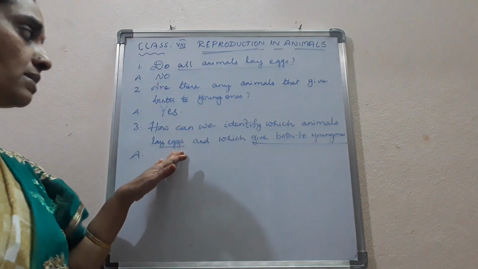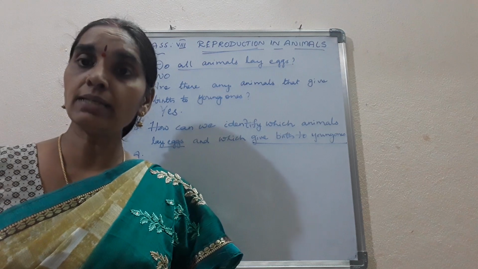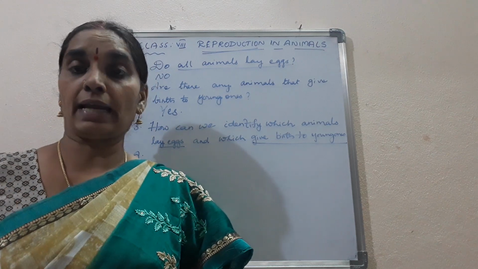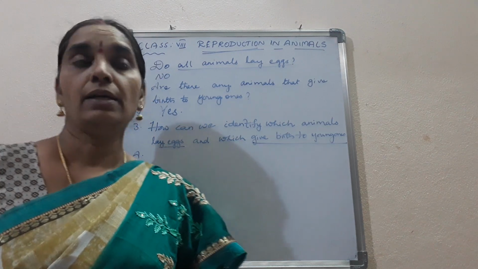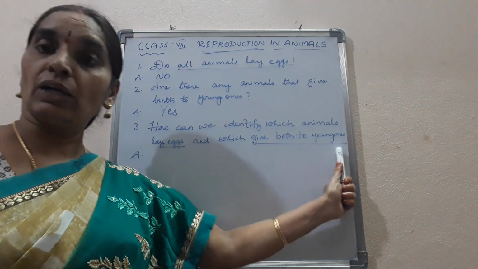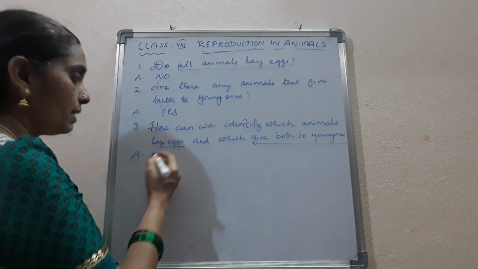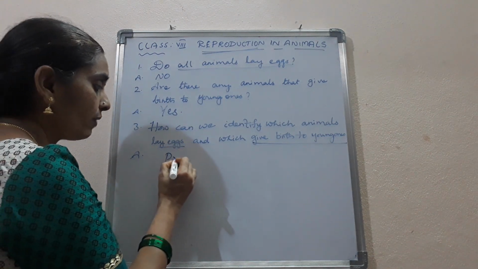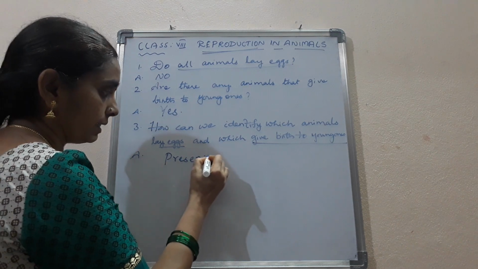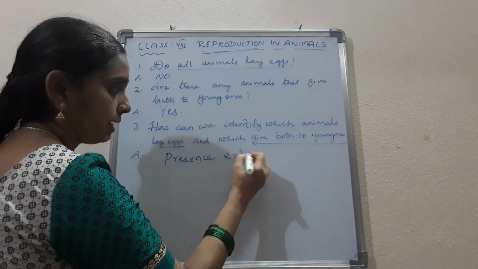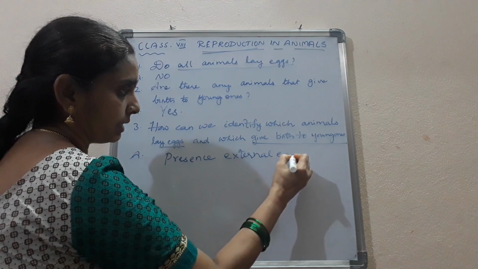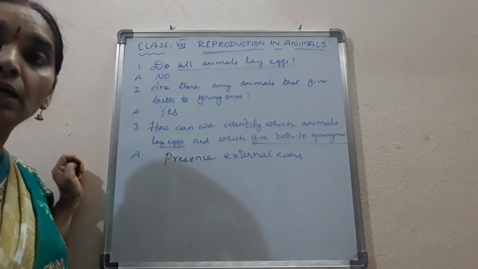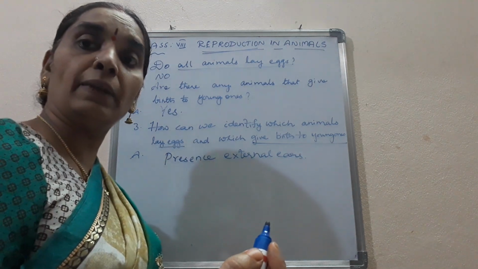So the animals which have the external ears and have the external body hair, they give birth to young ones directly. So that is presence of external ears. You can say like a cow, buffalo, goat, sheep, lion, tiger.